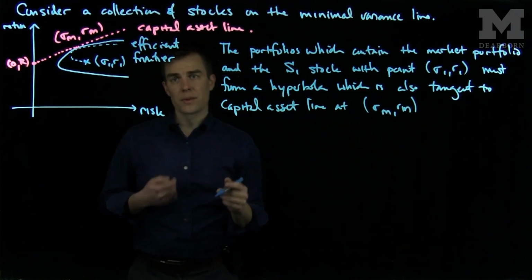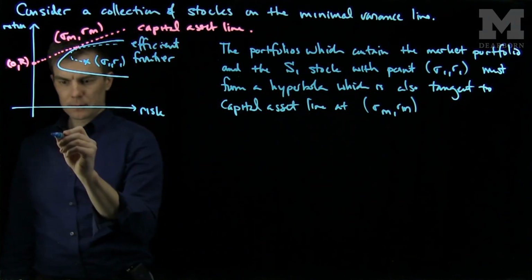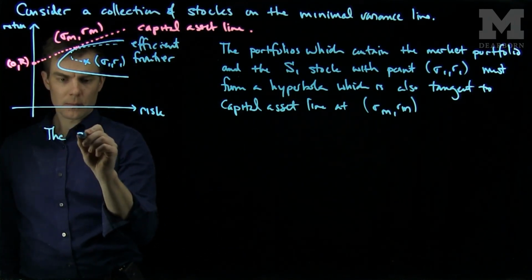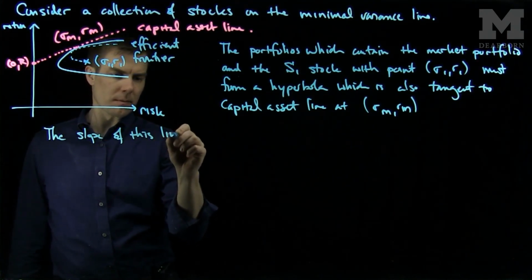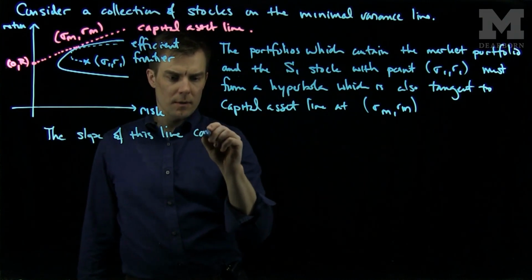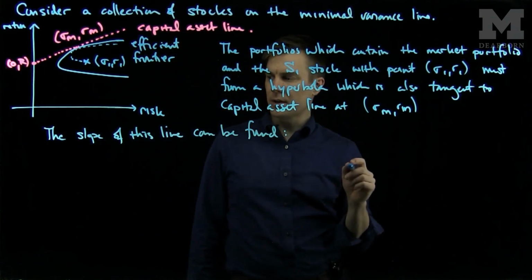To find the slope of this line, we'll consider the following. The slope can be found by doing the following calculation.